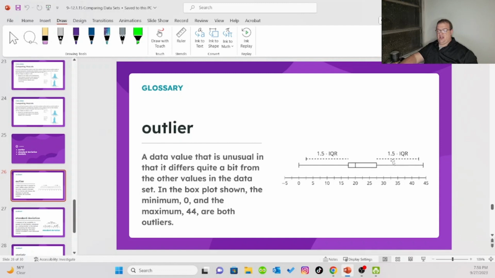The dotted lines show you that, and they show you where the fences are set up. This fence is at 2.5. Anything less than 2.5 would be considered an outlier. This fence is at 42 and a half. Anything more than that would be considered an outlier.